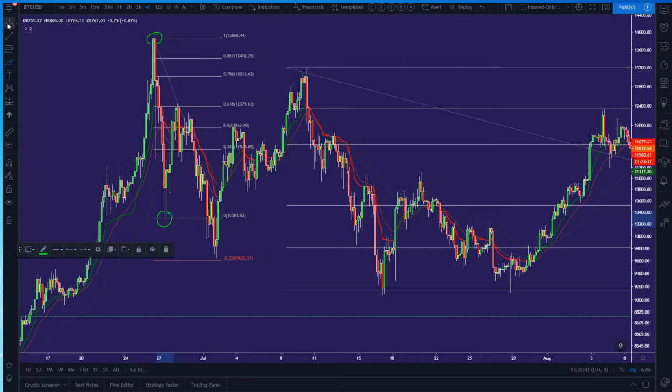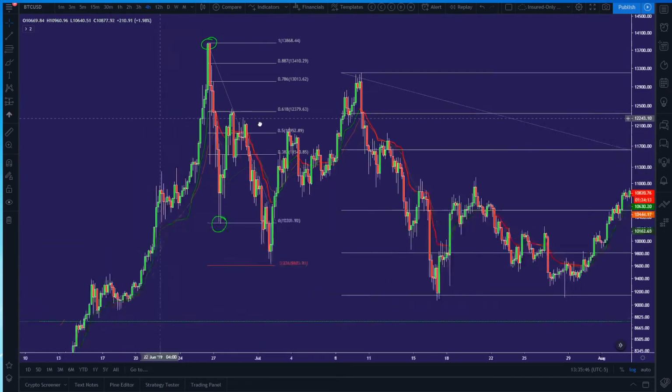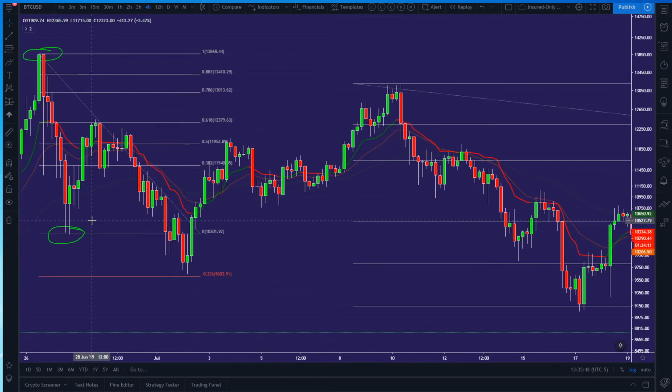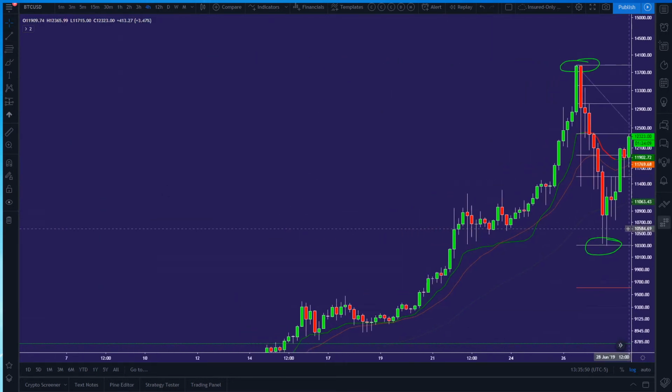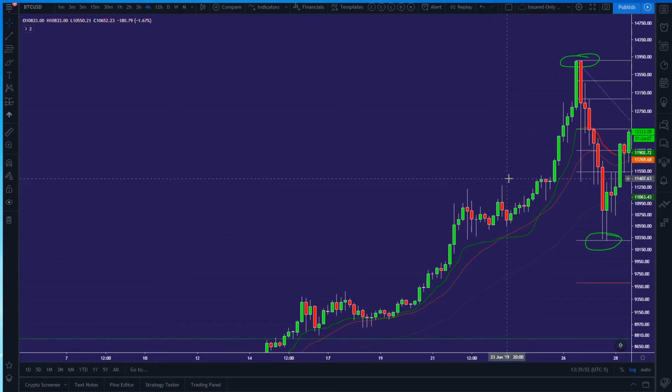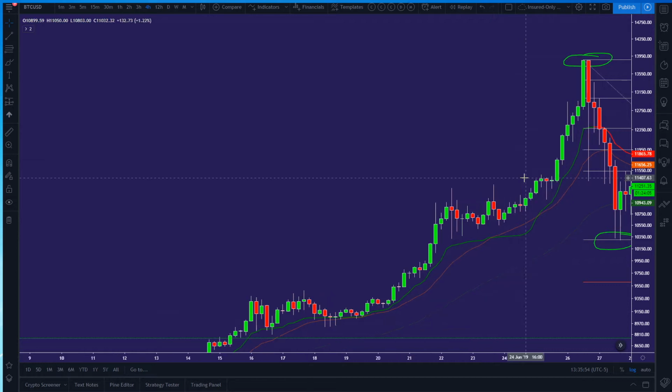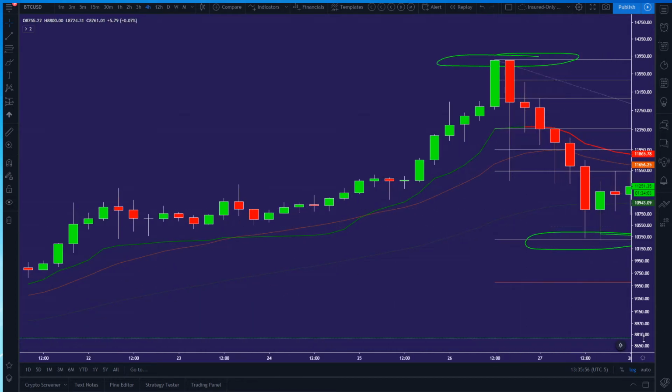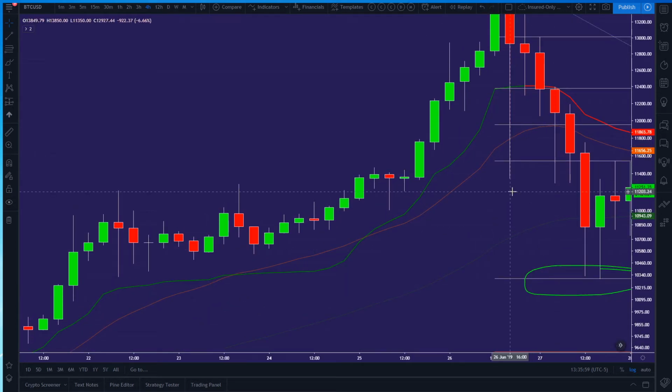Let's just say for a moment we don't have any price action that goes beyond this. Let's say our chart looks a little bit like this, where we don't have anything showing any direction for where we're going to be pivoting.